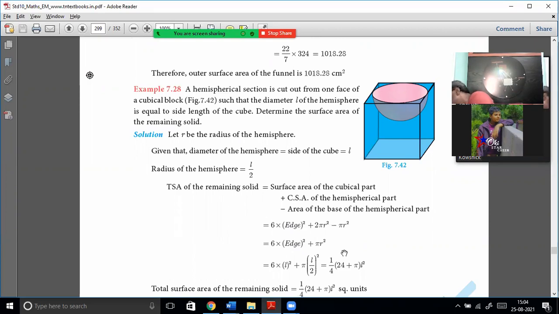Can you do 7.3, question 1? First sum, sir. I'll try, sir. No, don't do one, do 2. Exercise 7.3, do the second sum. Okay, sir.